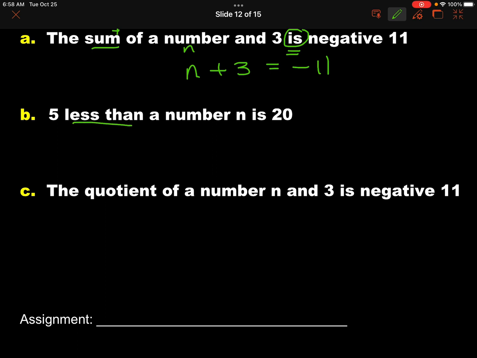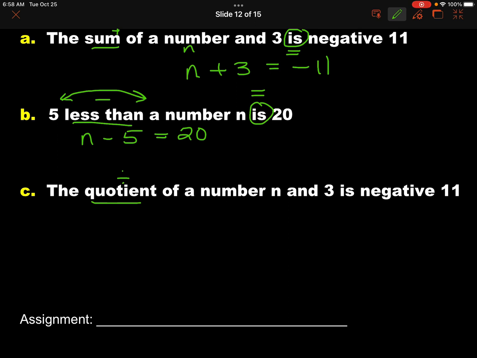5 less than a number n is 20. So is means equal to, less than means subtract, but once again, with less than, we're going to change the order. So this is really saying n minus 5, because you have 5 less than n, is equal to 20. The quotient means division.